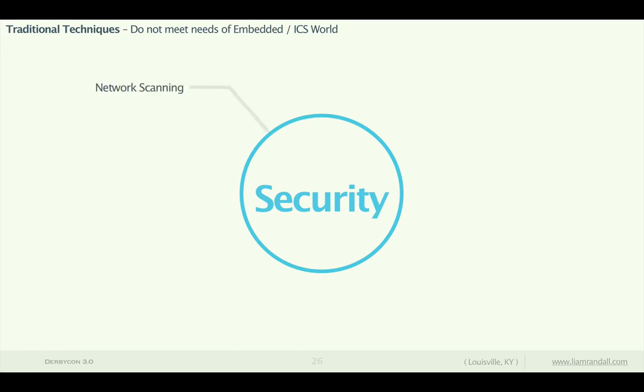When you consider the things that you may do in your network now, you may conduct a little network scanning. A lot of times you will be specifically excluded from scanning, things like your medical resources or your power control or water control equipment because you don't want to take it down. Patch management programs for these things are non-existent.